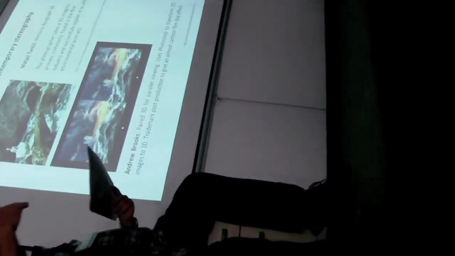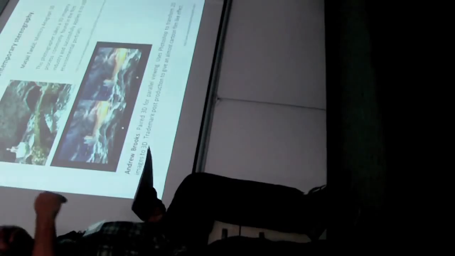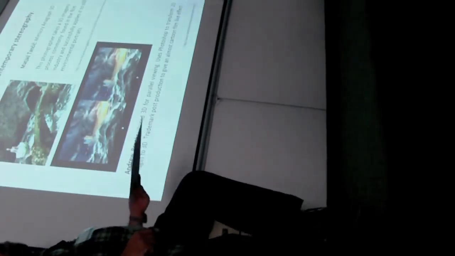So there's various levels of perception. Andrew Brooks, very modern, totally artificial. He just took a 2D photograph and just photoshopped it to death, and I didn't like it very much.